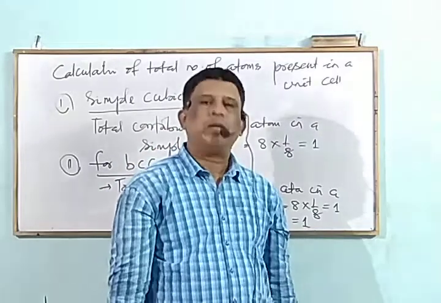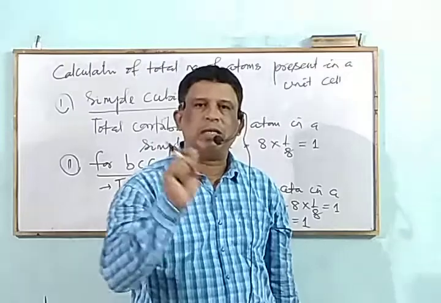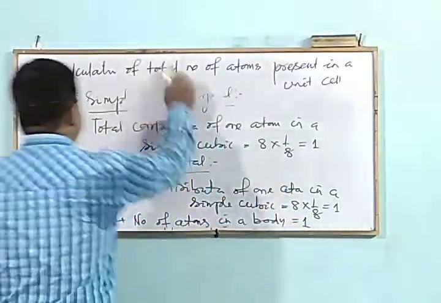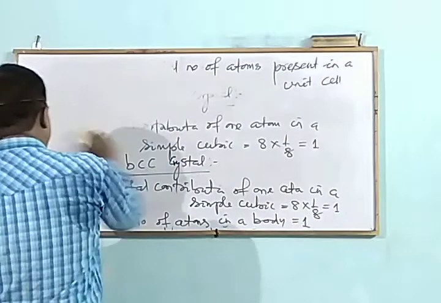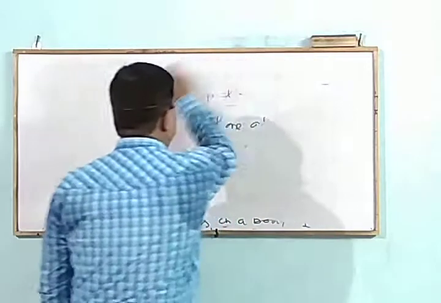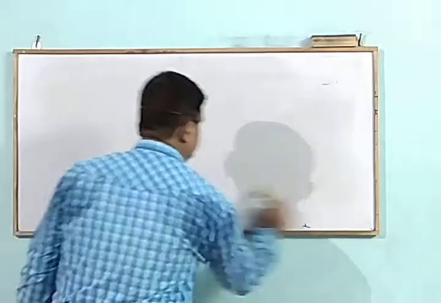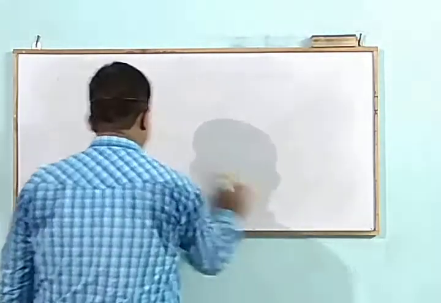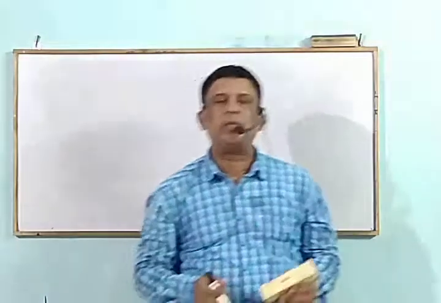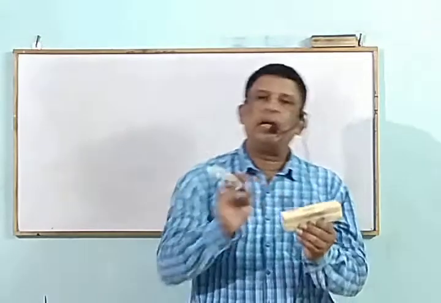Next is face centered cubic, FCC. Face centered cubic means, mark that, what is the FCC type of arrangement? 8 corners are there.